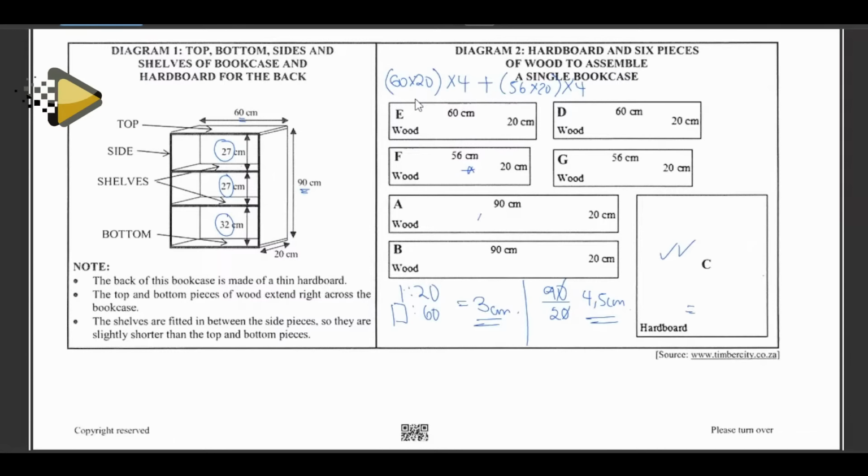And we have the sides here. The sides are going to be plus 90 times 20, also times 4. Only one bookshelf needs 2, but there are 2 bookshelves. So this happens, and we find out that we have answers like 120, which becomes what? Sorry.